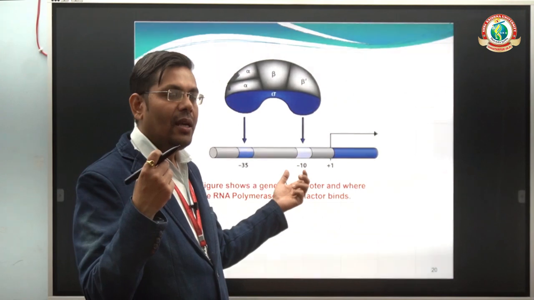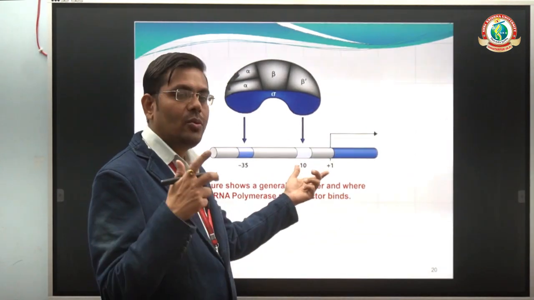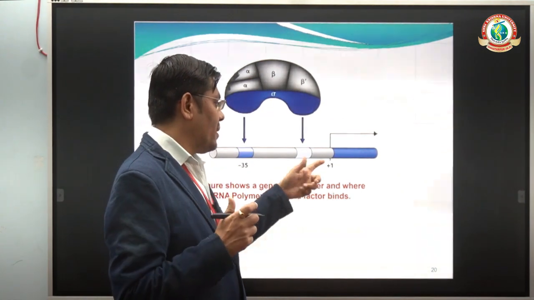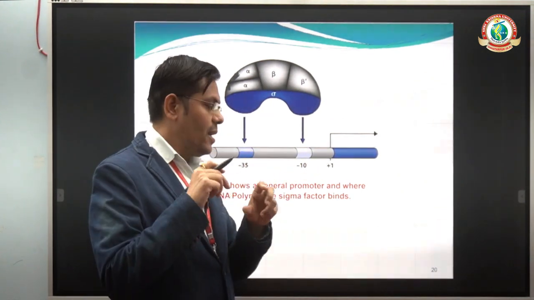So it is very easy to break 2 hydrogen bonds in comparison to 3 hydrogen bonds and get the strand as a template.